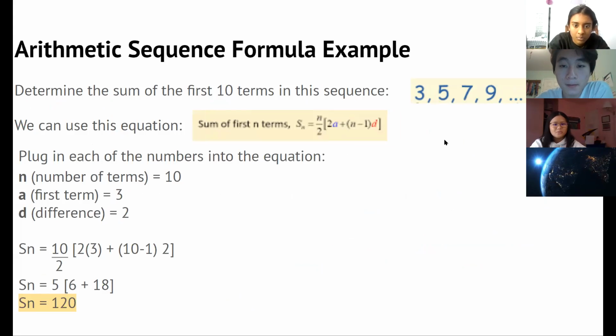For n, we want to use 10 because we're trying to use the first 10 terms. Then a is our first term, so 3, and we found the difference already as 2. So when we plug it in, we get 10 over 2 times (2 times 3 plus (10 minus 1) times 2). I'm sure you know how to do PEMDAS, so we're just going to say the answer is 120.